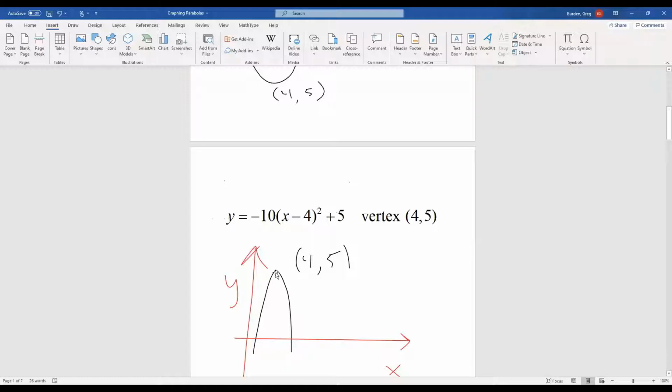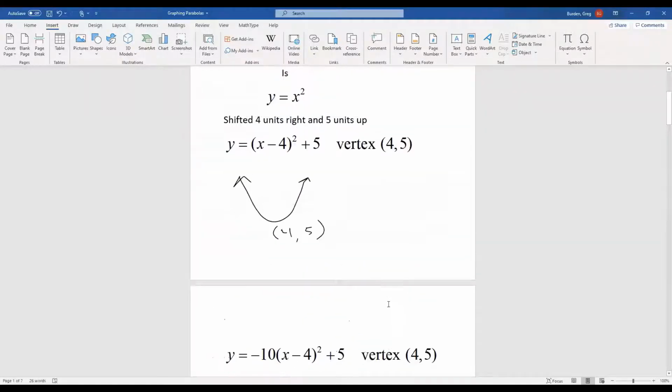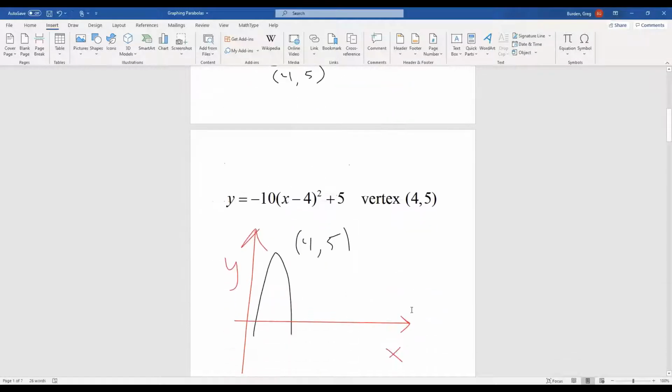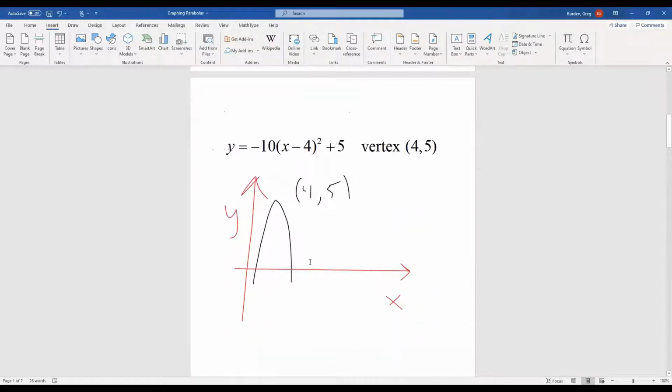Well, if the parabola is opening down from 5, then it has to cross the x-axis. Not all parabolas cross the x-axis. If you're looking at this one, for example, the vertex is at 4, 5. Well, the x-axis is down here. You can see from the orientation of the parabola, it will not cross the x-axis. But this one does. So the negative tells us that.